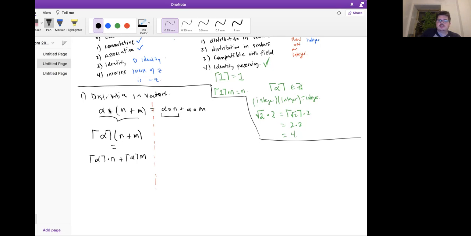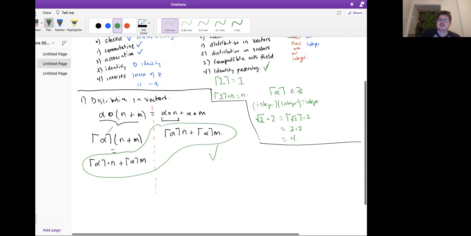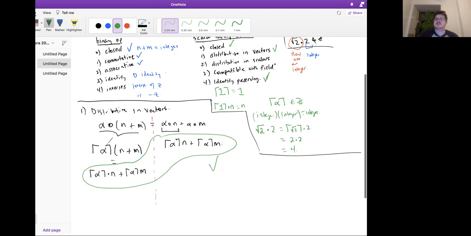So we see the circle, so now we put the ceiling. So that's good. So these are the same. So that means it is distributive over vectors. Did everyone follow that?